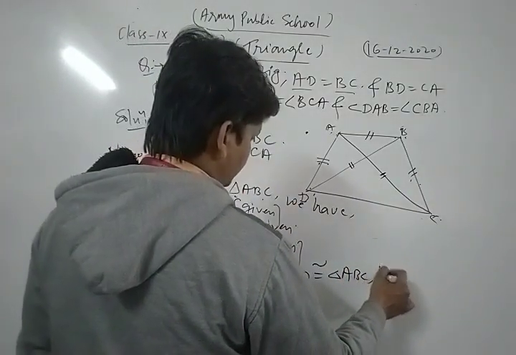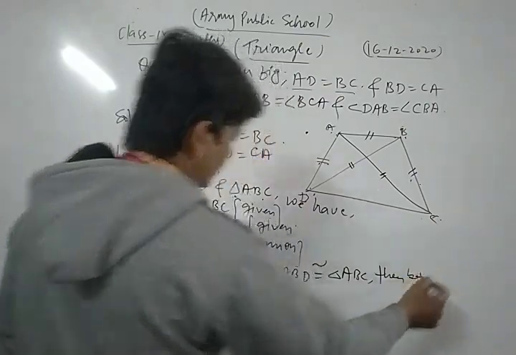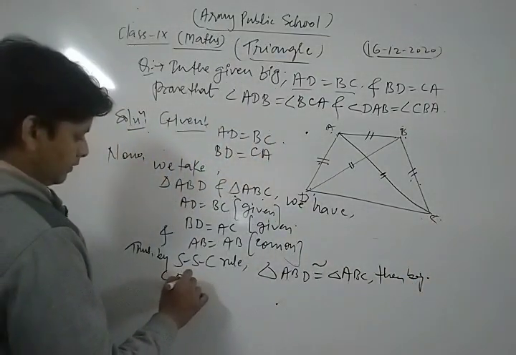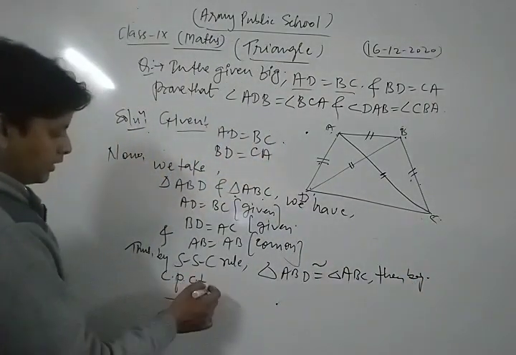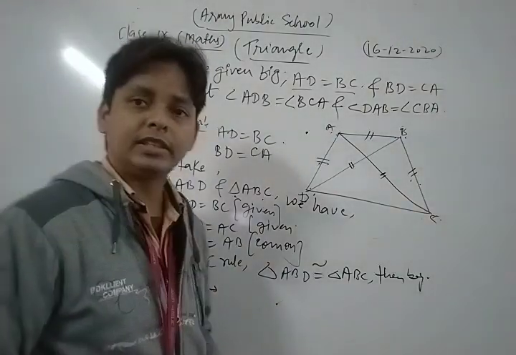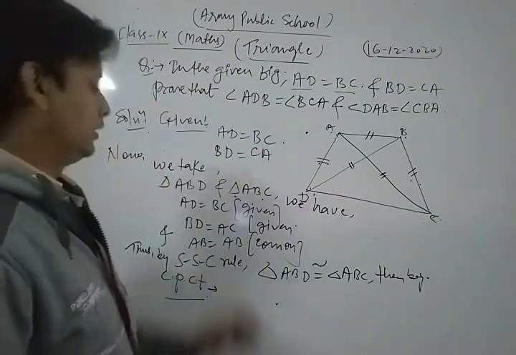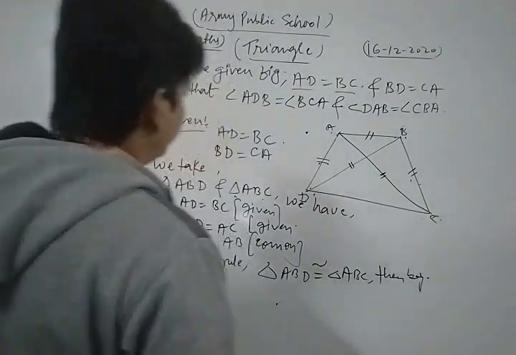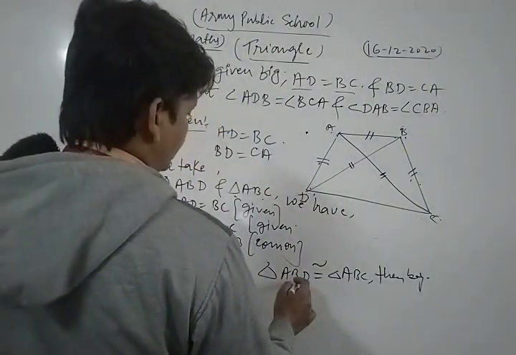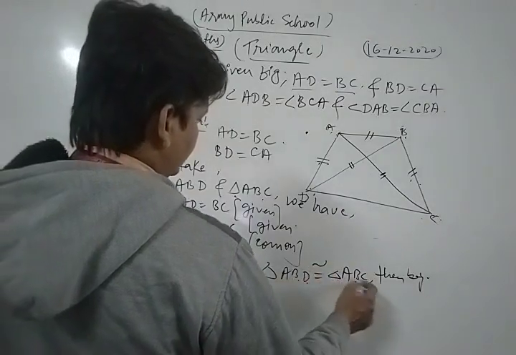Thus by CPCT, then by what, dear friend? Then by CPCT, what we get? Let's see. By CPCT, dear friends, angle ADB is equal to angle BCA.